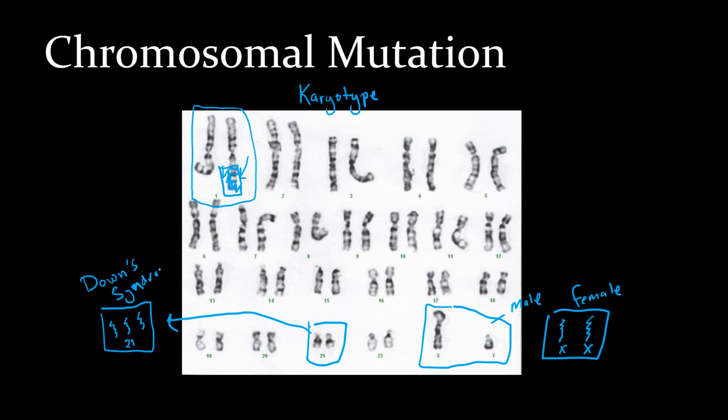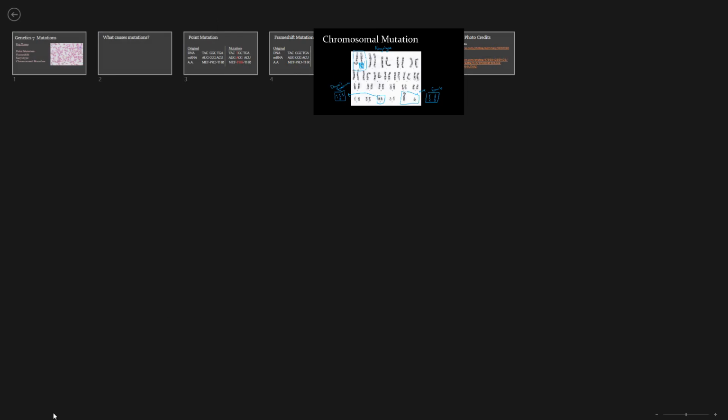Down's syndrome is the result of an extra chromosome in every single cell of the patient's body, and therefore they have way too many genes. And that means that gene expression, which we'll talk about in the next video, and the interaction within the proteins that are built are going to be altered, and they result in the symptoms you're familiar with Down's syndrome. There are other chromosomal diseases that we'll explore in class.